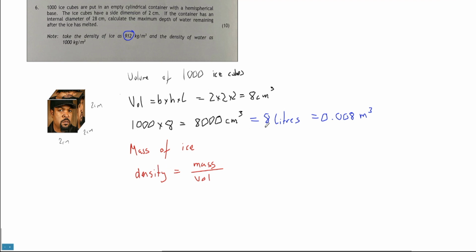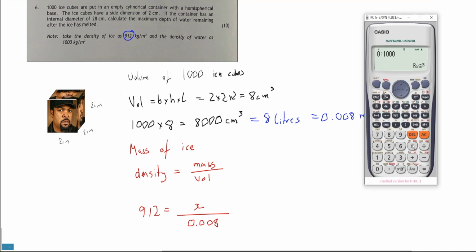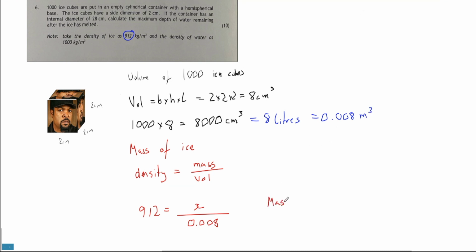Okay, so I've got the density. They gave it to me. They said it's 912. I don't know the mass, that's what I'm trying to calculate, and I do know the volume, 0.008. So I can multiply these together to get my mass. Let's multiply this by 912 to get 7.296 kg.